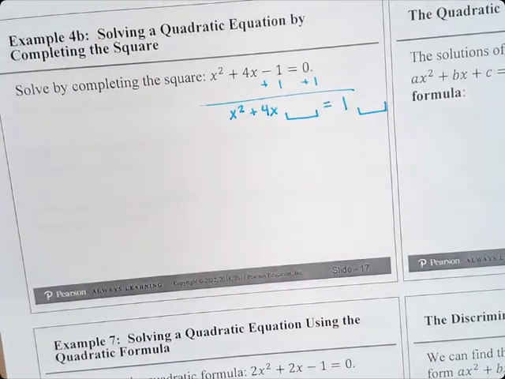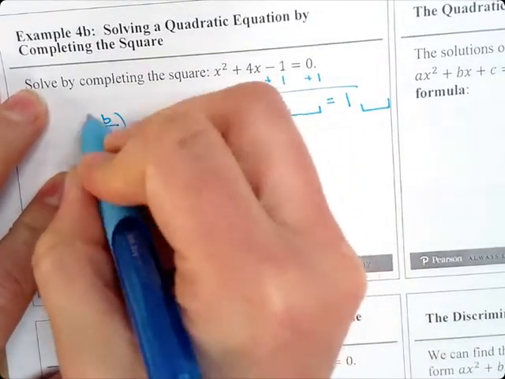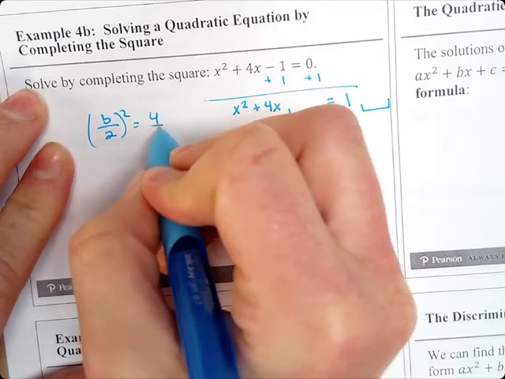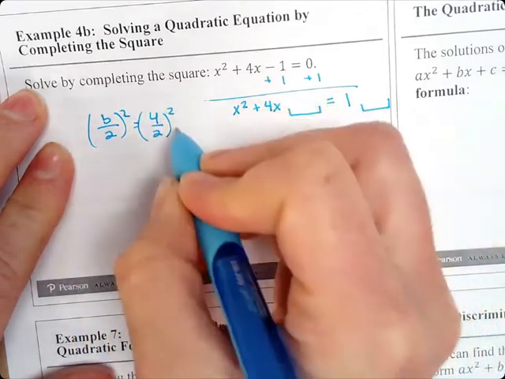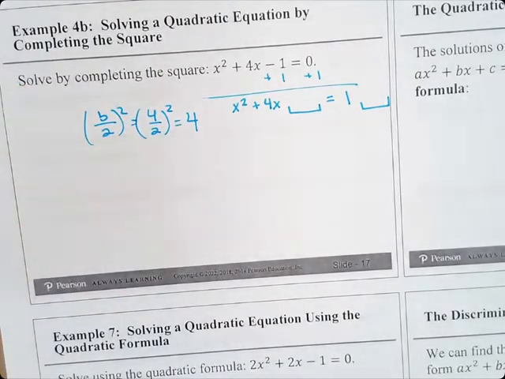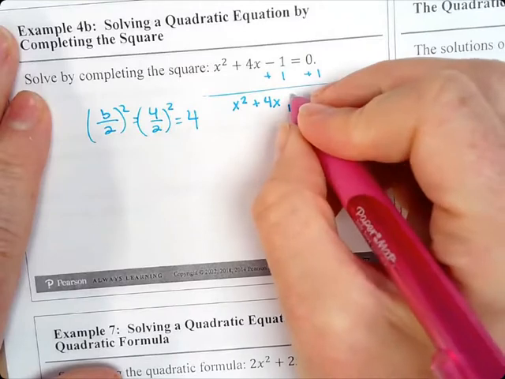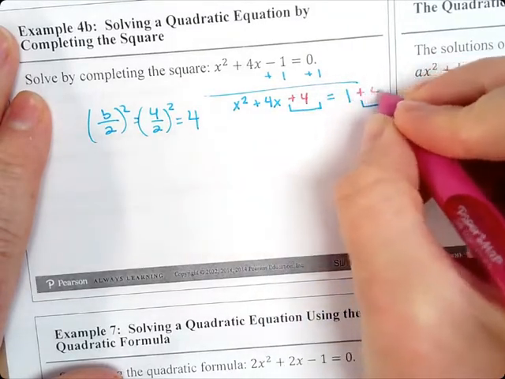So we do the b over 2 and then square it. So it's 4 over 2 squared, which equals 4. So we're going to add 4 to both sides.